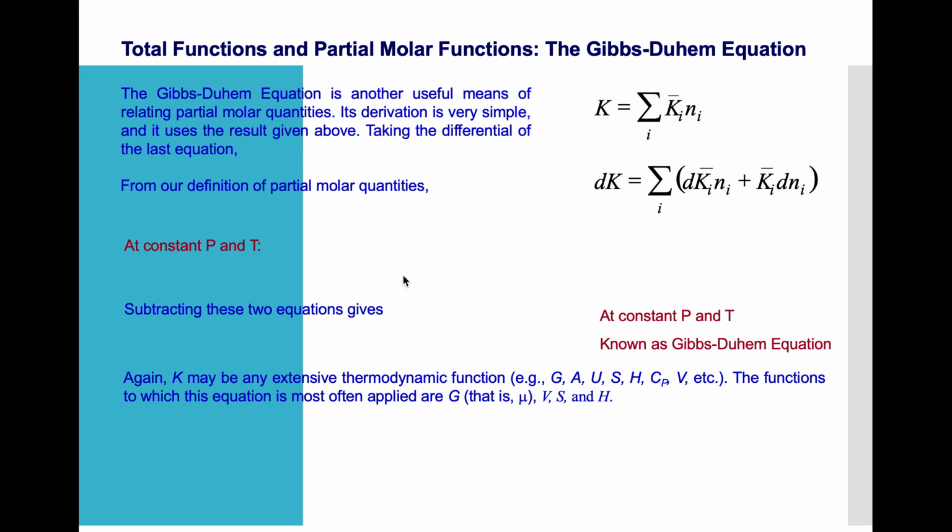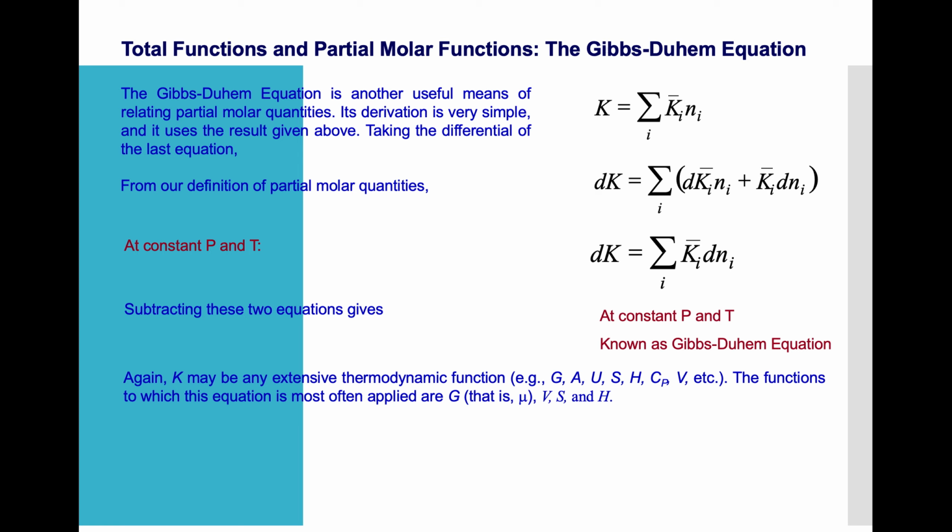And from our definition of partial molar quantities, dK equals the summation of Ki dni plus terms in dP and dT. At constant P and T, dK should equal the summation of Ki dni, because at constant P and T there are no changes of pressure and temperature.